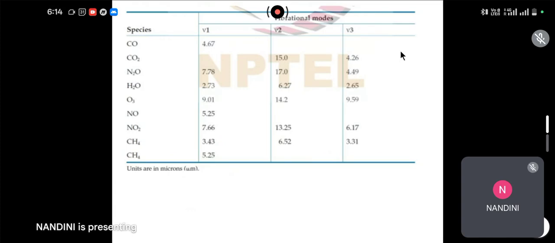Here I have given the vibrational modes of different molecules like CO, CO2, N2O, H2O, O3, NO, etc. As we can see, they have different vibrational modes, or different frequencies of vibration. Isolated molecules generally need the exact frequency, so the radiation should be of this exact frequency for absorption to occur for this particular type of molecule. But in the atmosphere, since we have a mixture of various gaseous molecules, they collide with each other.